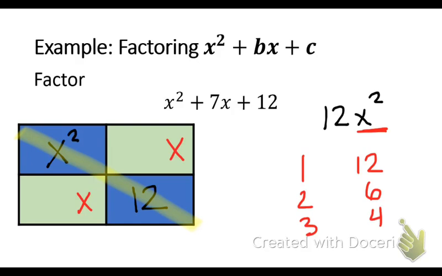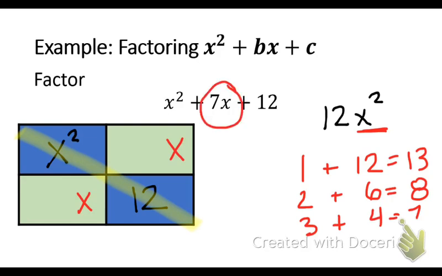So 3 plus 4, 2 plus 6, and 1 plus 12. 1 plus 12 is 13, 2 plus 6 is 8, 3 plus 4 is 7. So which two of those pairs added up to whatever my middle term is? Well, in this case, it's 3 and 4. So it does not matter where you choose to put the 3 and 4, you'll end up with the exact same final answer.